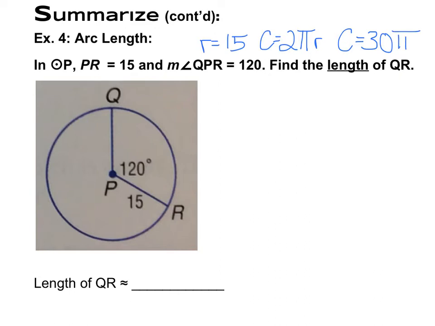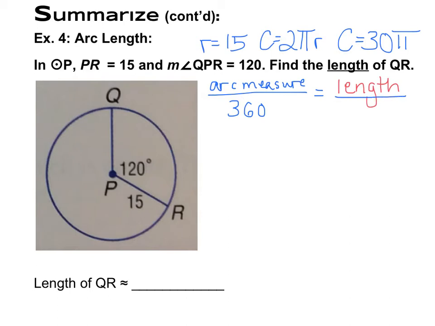And so if we go ahead and use the formula, remember the formula from our vocabulary is that the arc measure, this is in degrees, out of 360 can be set up as a proportion with the actual arc length, and I'm going to put this in red because this is what we're actually finding in this example, so it'll be easier to see what we need to do to solve for it, divided by the circumference.